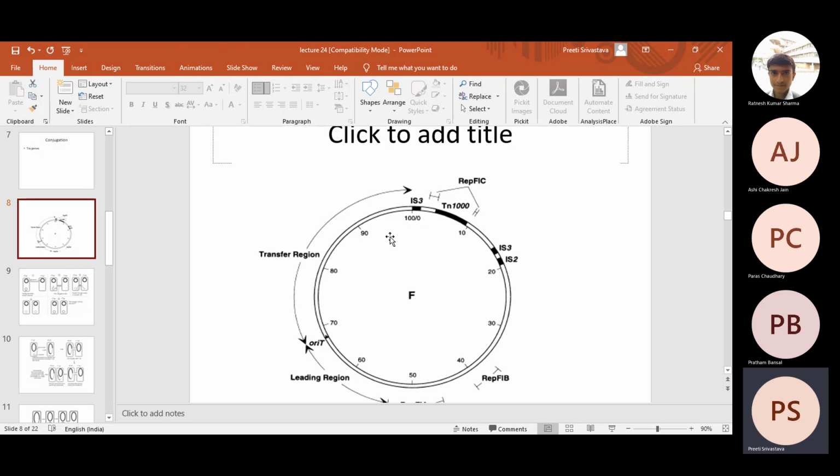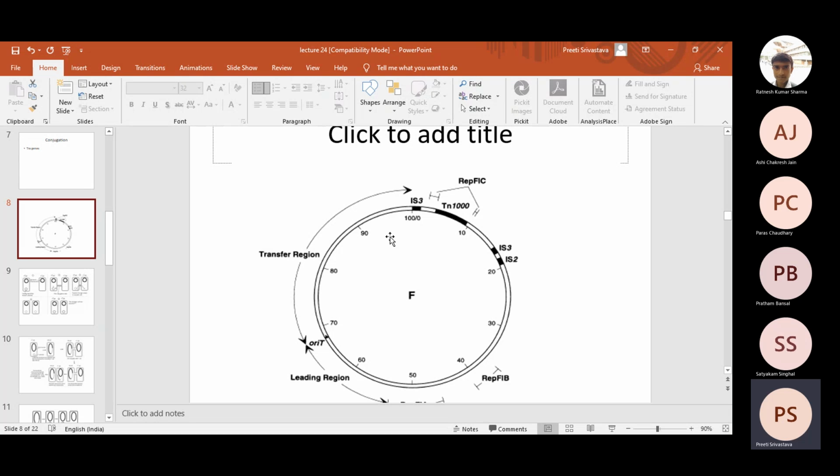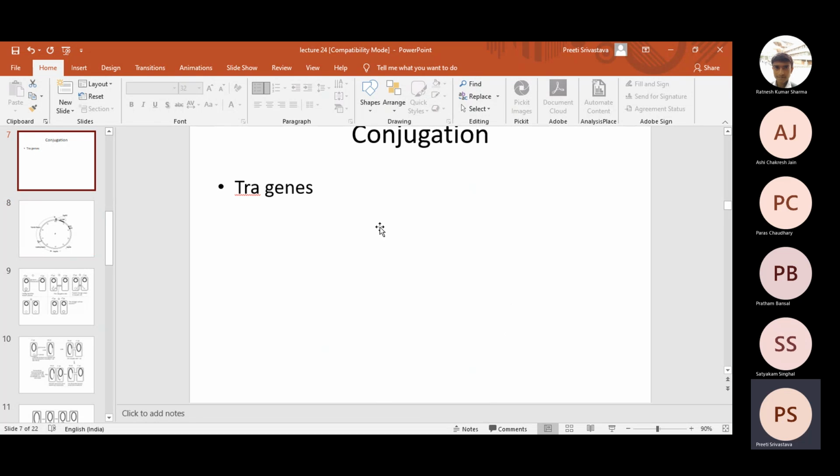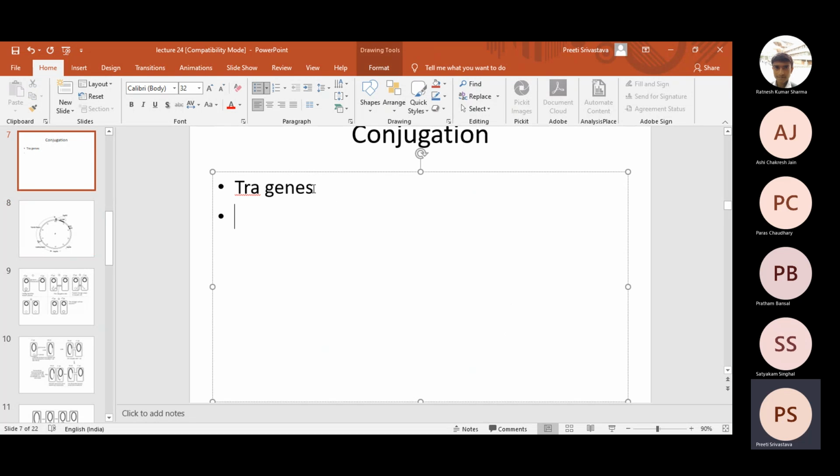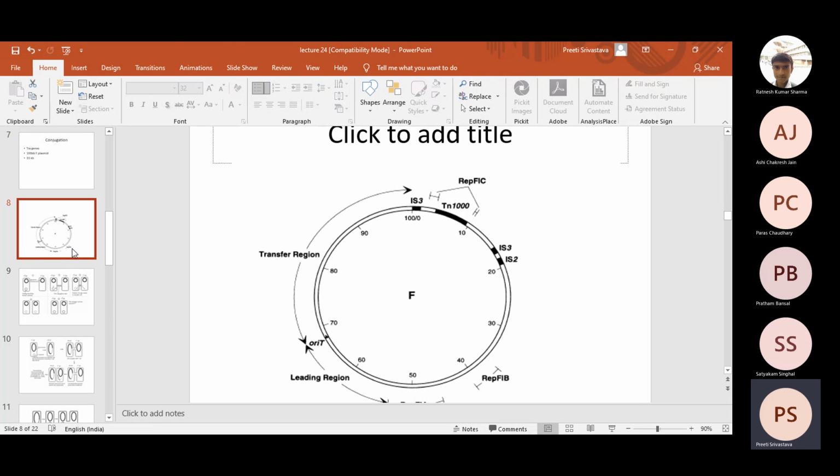This usually encompasses about 33 kb of the total plasmid. 100 kb is the size of the F plasmid, and the TRA genes encompass about 33 kb. So that means a number of TRA genes are involved.